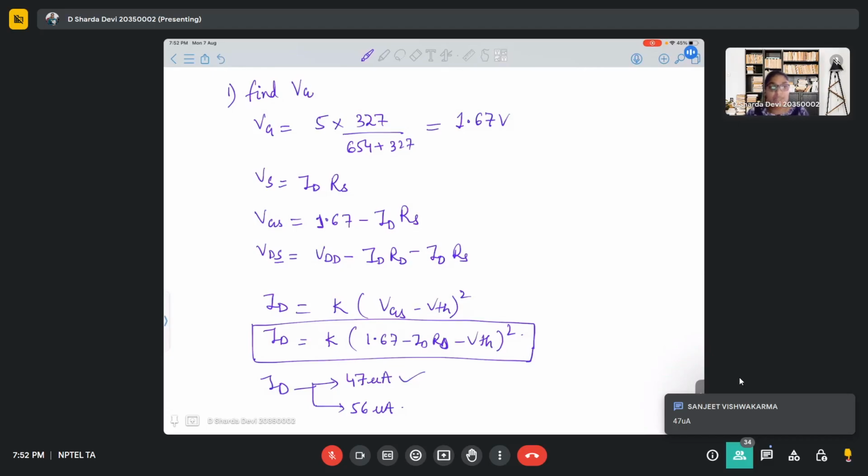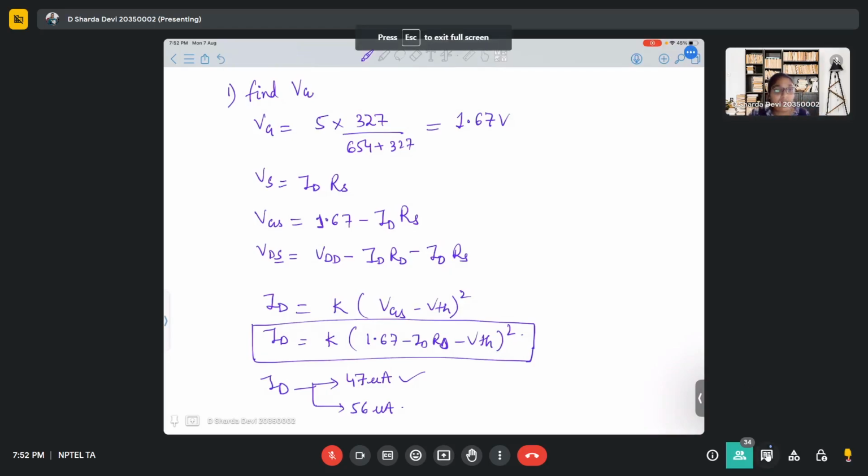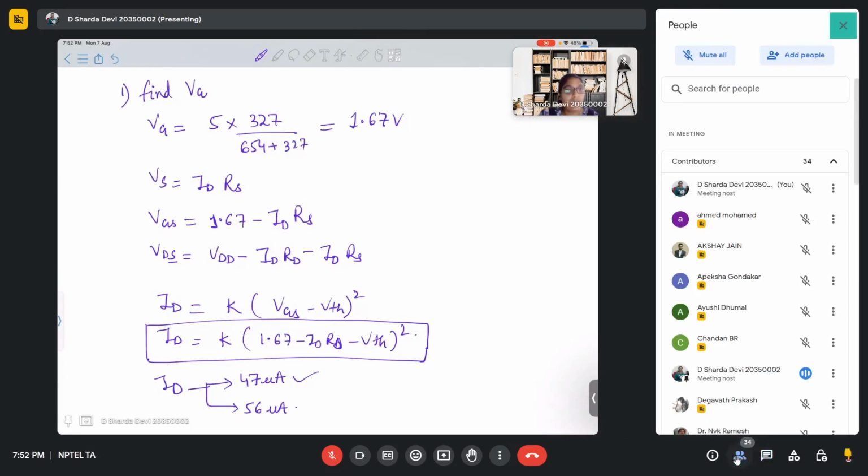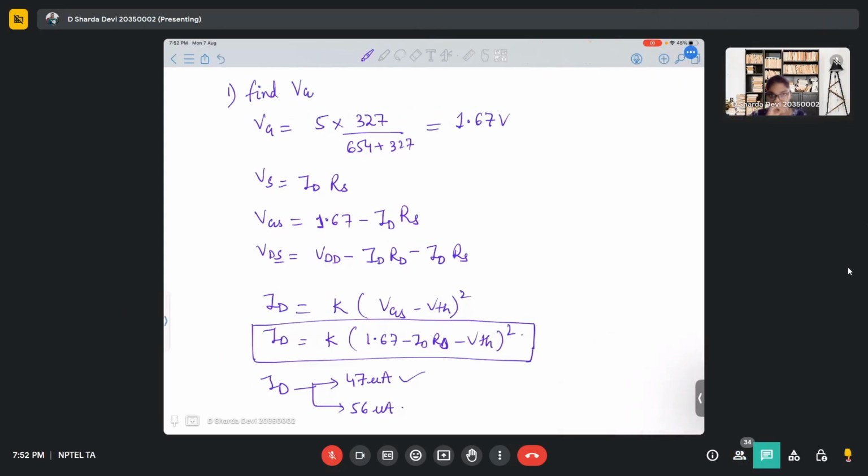So how did you finalize 47 microamperes? If you can let others know, what was the method of segregation for you, whether it will be 47 or 56? How did you conclude it, Sanjeet? The answer is correct.